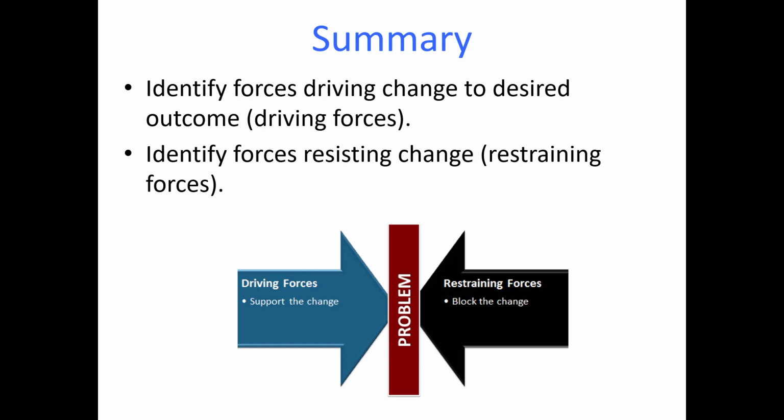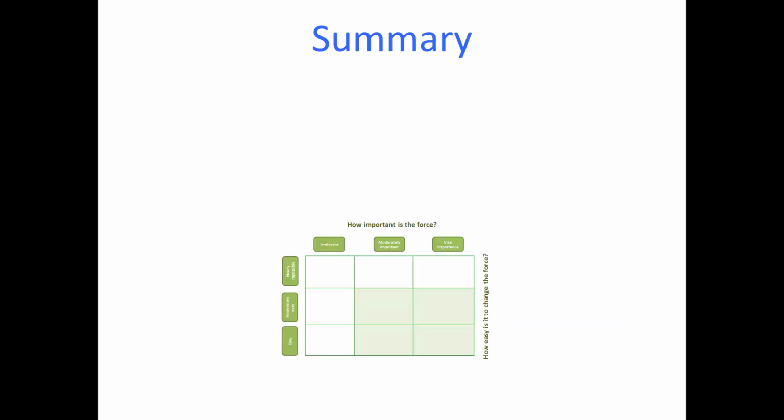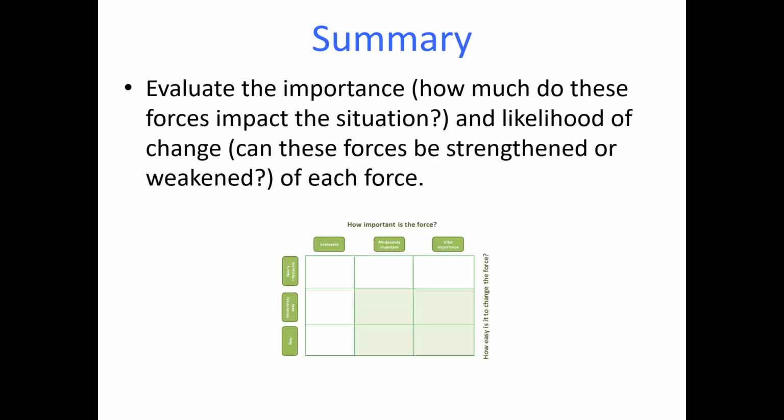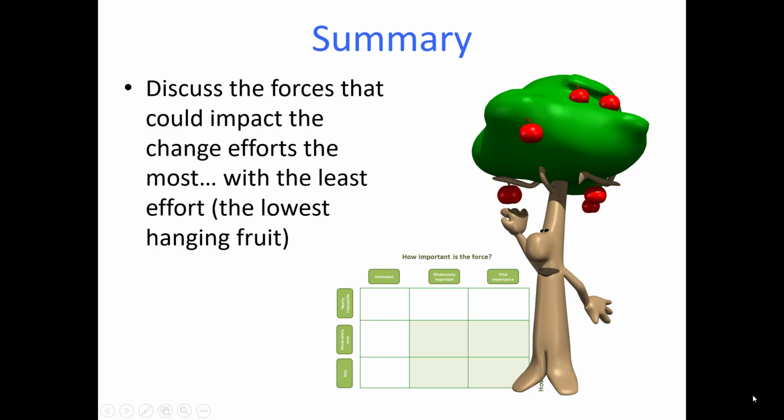And then, of course, you come up with some strategies that can either strengthen the driving forces or weaken the restraining forces. And you do that by first evaluating the importance and the likelihood of change and deciding on which forces you can work. And that's pretty much what I wanted to say.